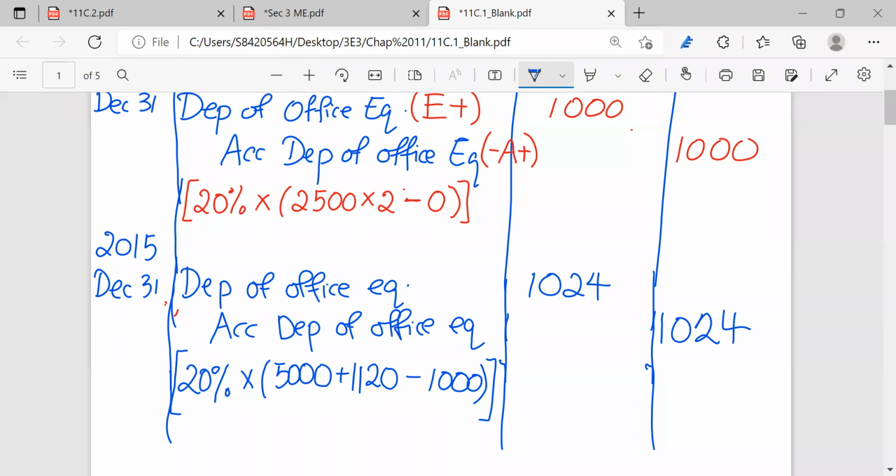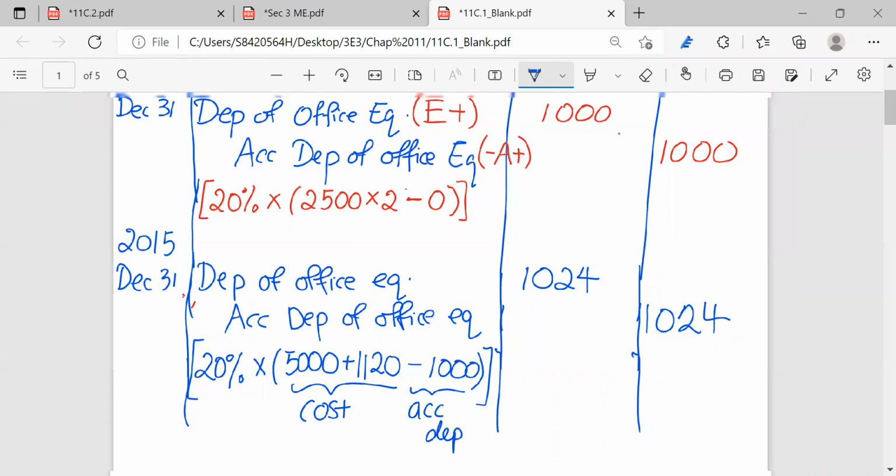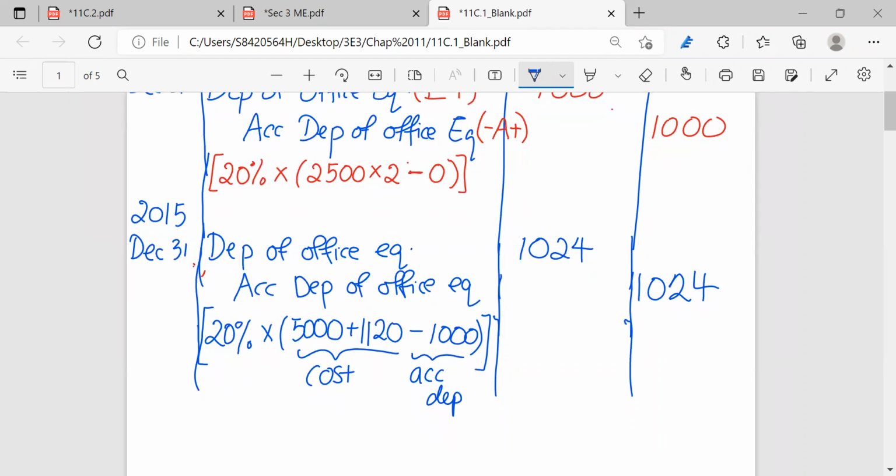Important to note is the cost of all 3 equipments, but the accumulated is only for the first 2 computers, because that's the one that you already own in the previous year. So that's for part B.